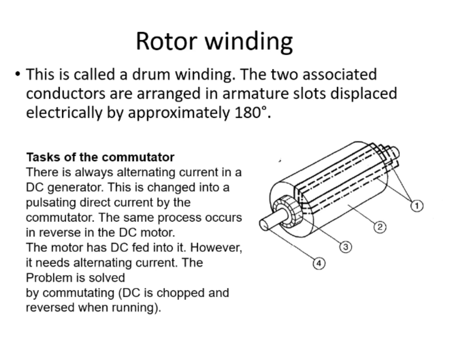As we already know, the main task of the commutator is to produce DC current from the generated AC in the case of a DC generator. It will convert the AC signal generated by the armature and output a pulsating DC.